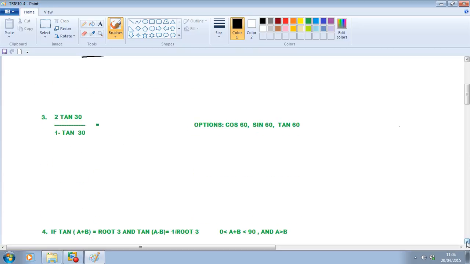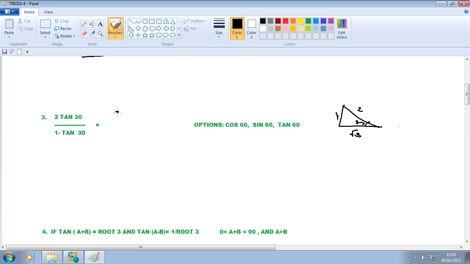2 tan 30 divided by 1 minus tan 30. So what is tan 30? Tan 30 is 1 by root 3.